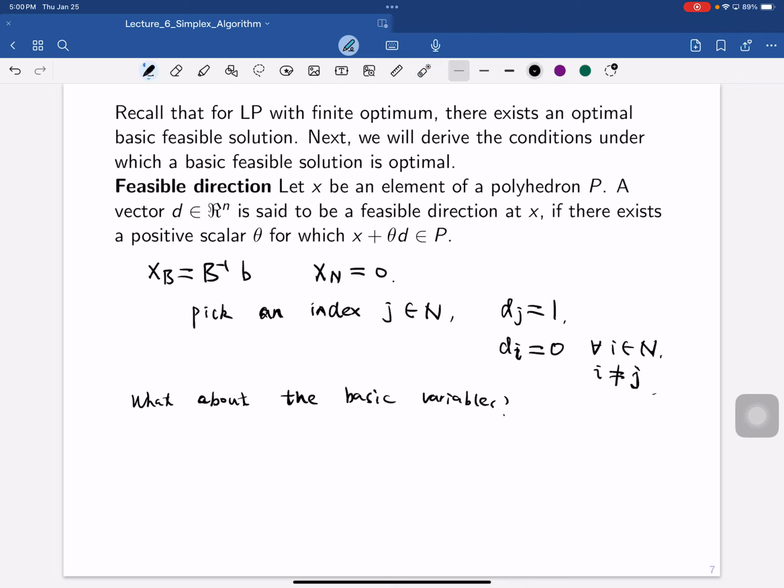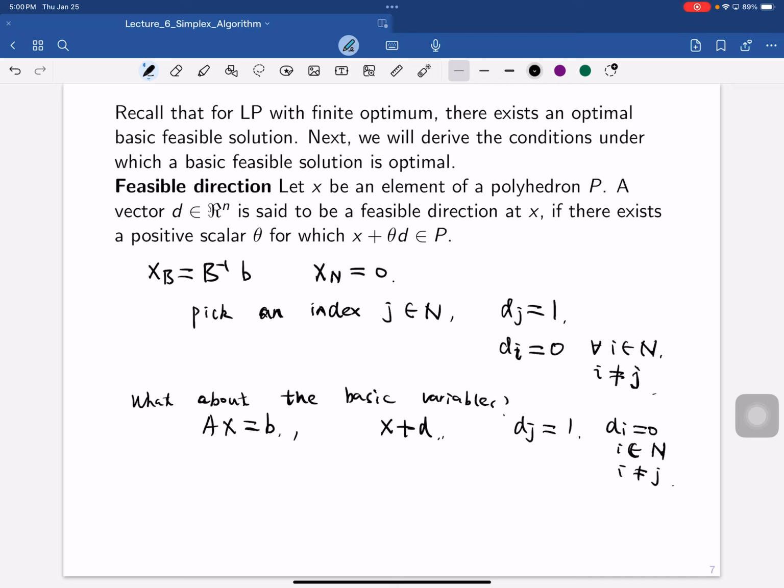So x must satisfy Ax equals b, right? And when we find the direction d and change the solution to x plus d, we already know that dj is equal to 1 and di equals 0 for all the non-basic variables such that it's not j, right? Okay, so that's the direction we want to search.